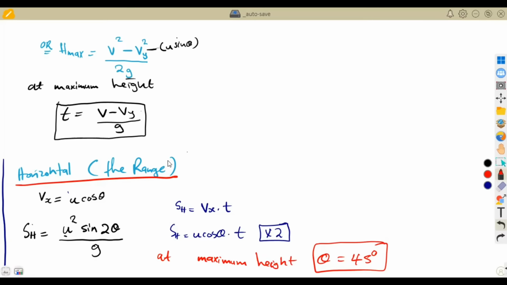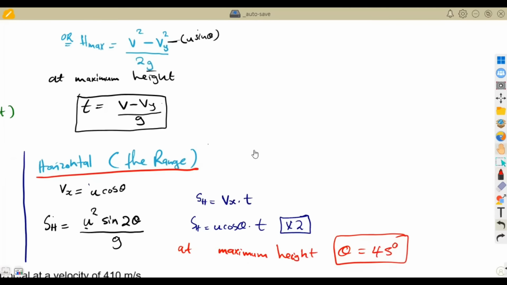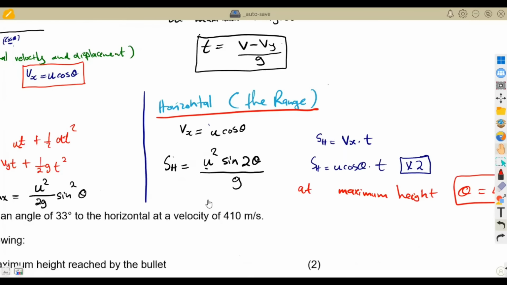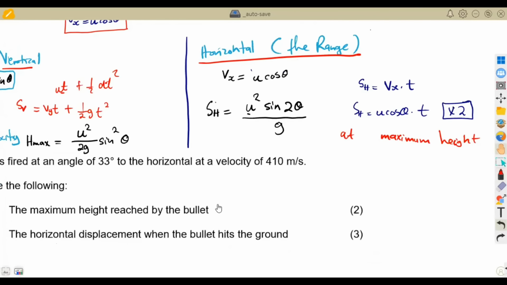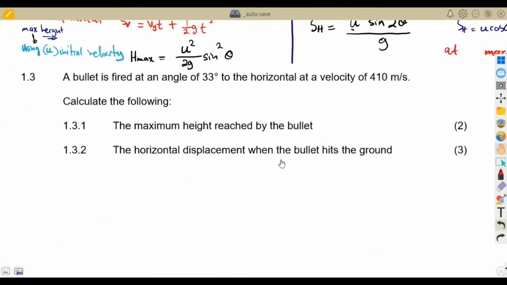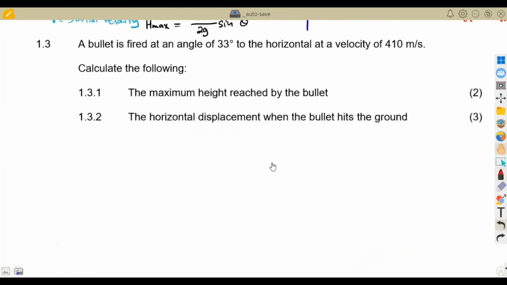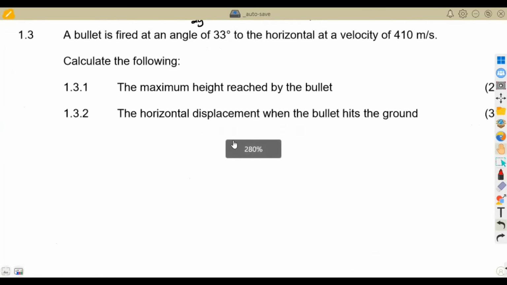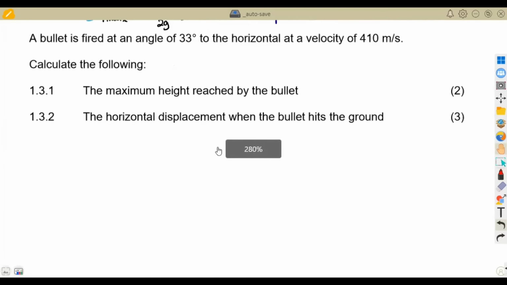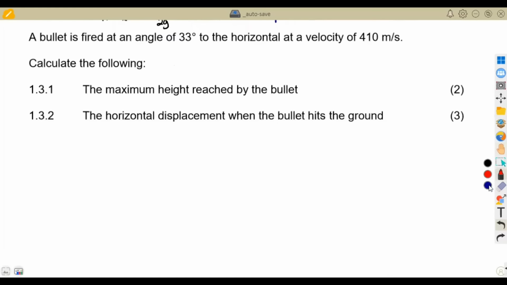So with this information, or with these formulas, we can attempt 1 or 2 questions. Others I'm going to explain as we are attempting questions. But like I said, these are the best formulas to use that save us a lot of time, because remember, exam is also about the time that you are given.